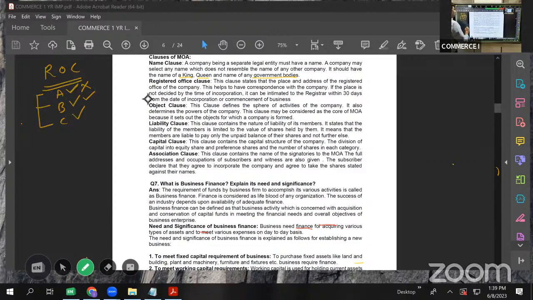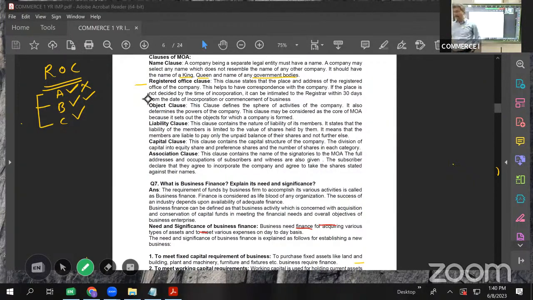Next one is registered office clause, or this is also called as location clause. So while writing the MOA, we have to mention the address of the office. The registered office address should be mentioned in the MOA. But suppose at the time of drafting the MOA, your registered office is not yet finalized. It happens, no?